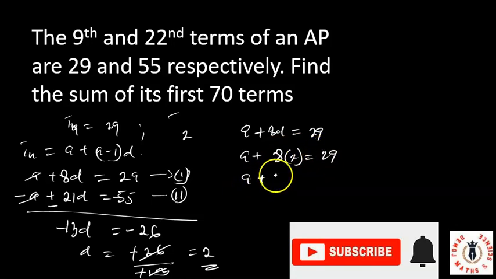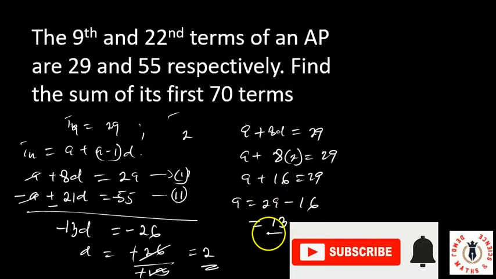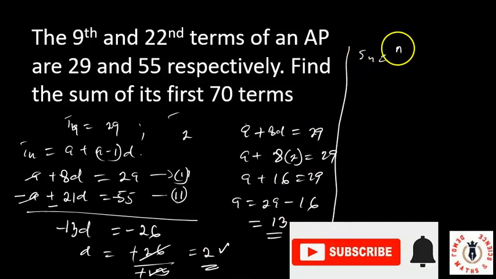That's A plus 16 is equal to 29. So that A now will be equal to 29 minus 16, which is equal to 13. So if A is equal to 13, and we have that D is equal to 2, let's remember that our Sn is equal to n over 2 into 2A plus n minus 1 into D.